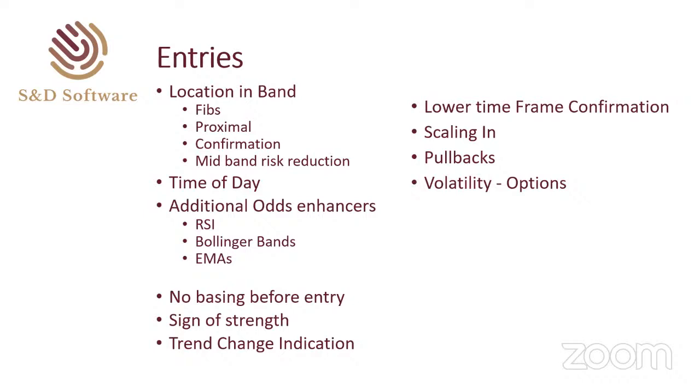You can look at the location in your supply or demand band. Do you want to use a fib? Are you looking at an 88.6 to get in? Are you just always going to take the proximal of your band? And then, depending on your band creation method, your bands may be wider or smaller, so you may miss entry.